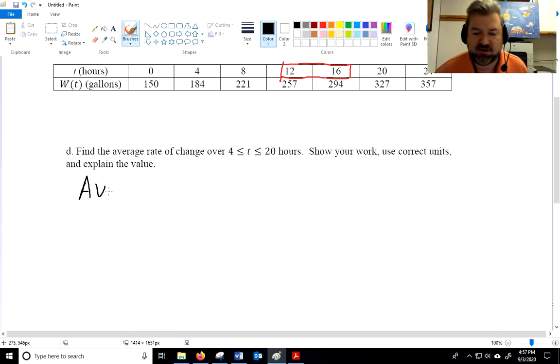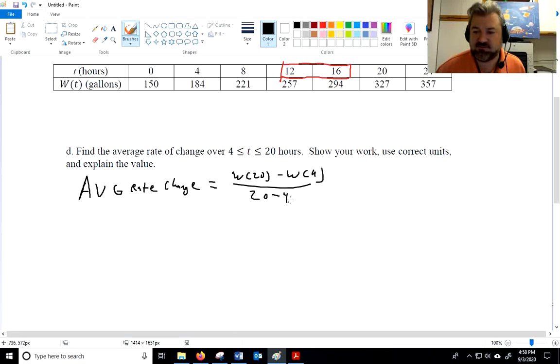So, average rate of change. The average rate of change is exactly what we just used to calculate the derivative. We weren't calculating the exact derivative, right? We need the equation for that, but we could estimate it. This is basically the same thing, but we're getting an average rate of change from hour 4 to hour 20. So it's going to be W of 20 minus W of 4 all over 20 minus 4.